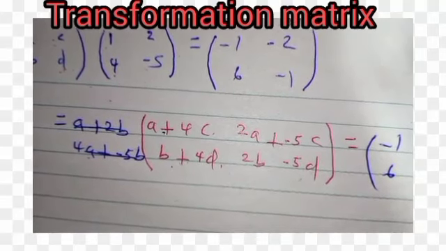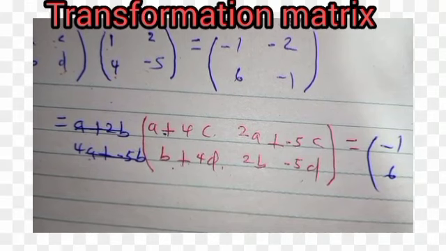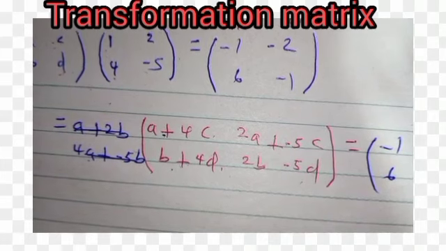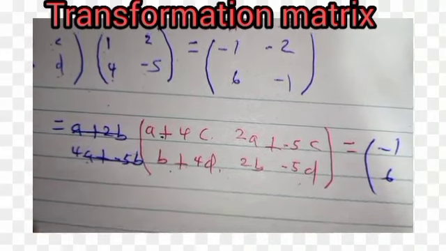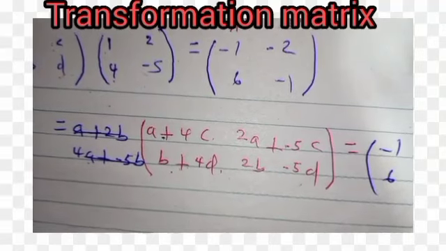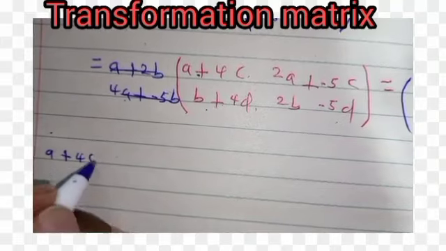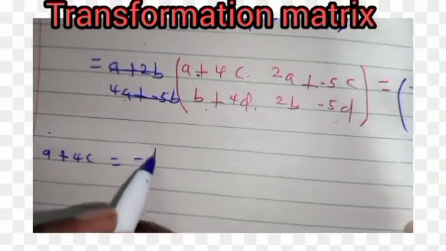Now, for two matrices to be equal, it means the entries which are in the same position of the two matrices must be equal. So it means that A plus 4C is equal to negative 1.